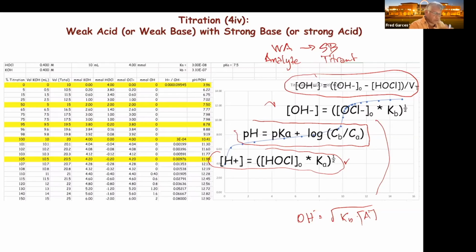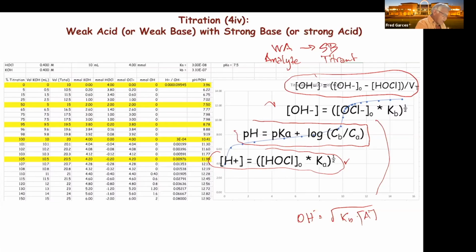And because the contribution from the conjugate when you reach the equivalence point is going to be so minute, and I showed you how minute that was in our last discussion, the concentration is going to be so insignificant that you can just calculate the excess of titrant you have, get the concentration, and then calculate, in this particular case, the hydroxide ion concentration, and then pOH, and then pH.